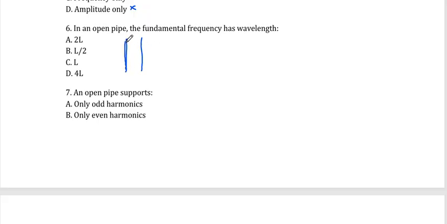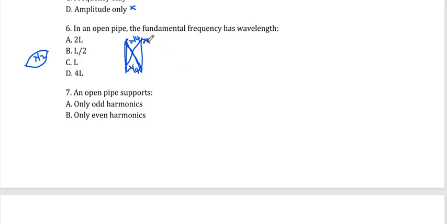The fundamental frequency of an open pipe looks like this. It starts with an antinode and ends with an antinode. This part from the antinode is lambda over 4, since a complete loop is lambda over 2, so half of it is lambda over 4. This is also lambda over 4.